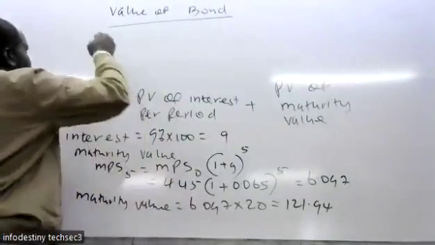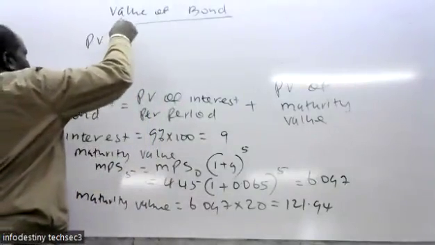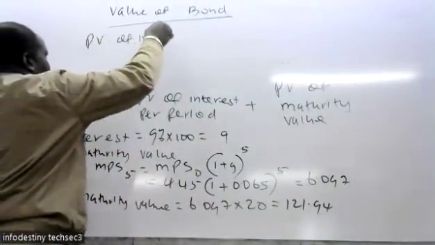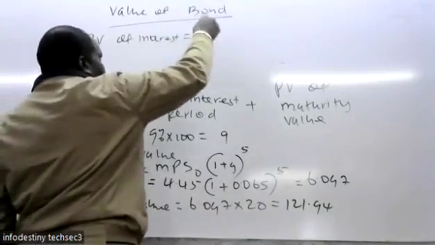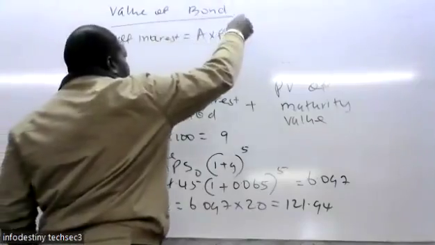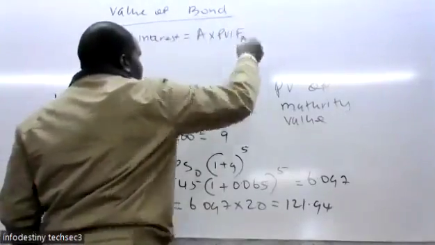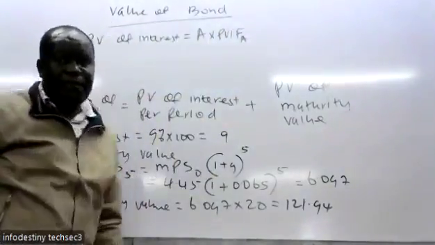It will be the annuity multiplied by the present value interest factor for the annuity.